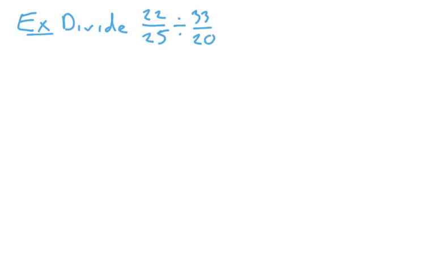Now, when you divide, the very first thing you do is you take the first fraction as it is, and then you multiply by the reciprocal of the second. So the division becomes a multiplication, and the second fraction, you look at its reciprocal. In other words, you flip it over.